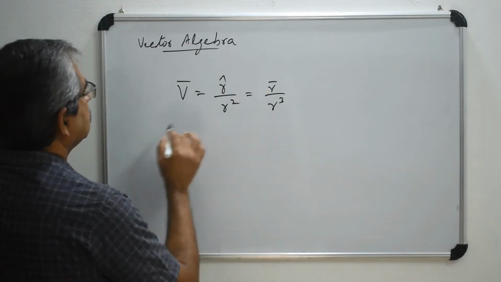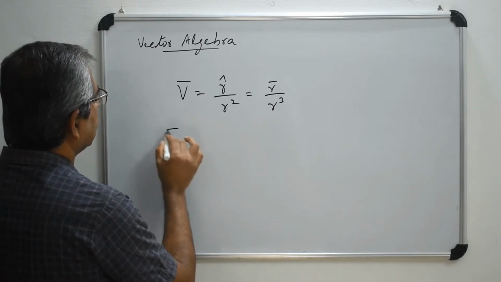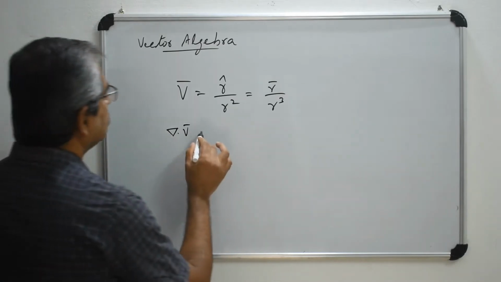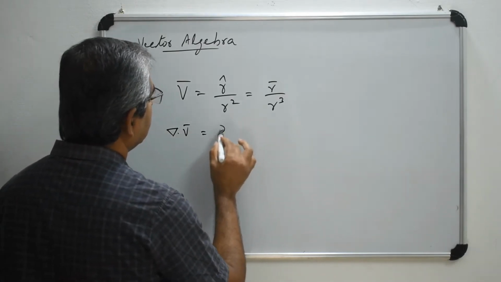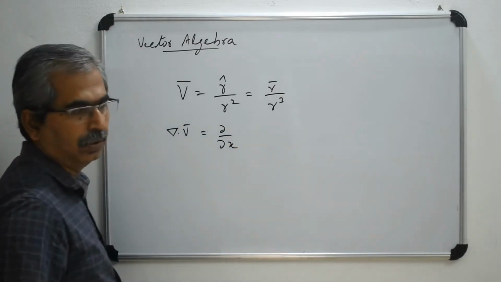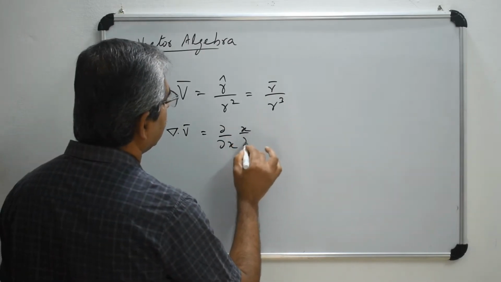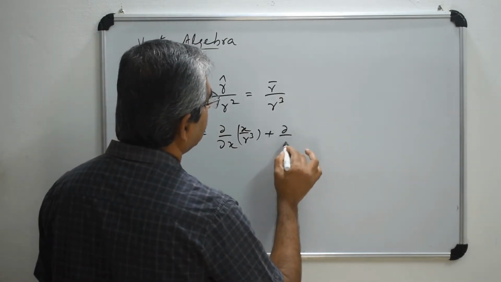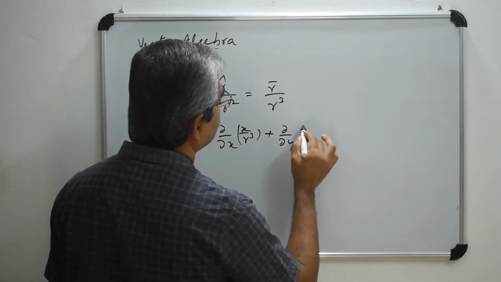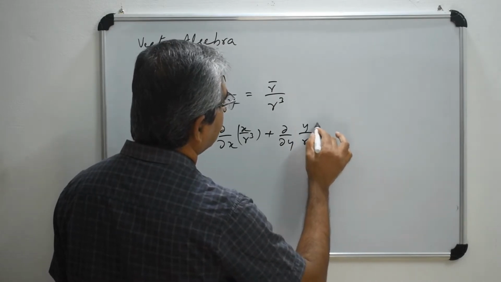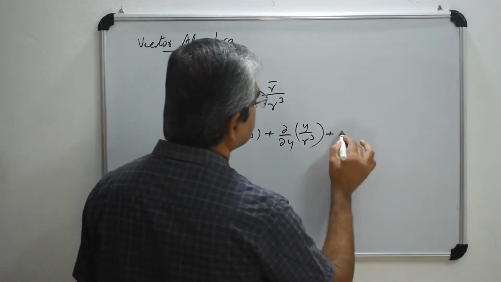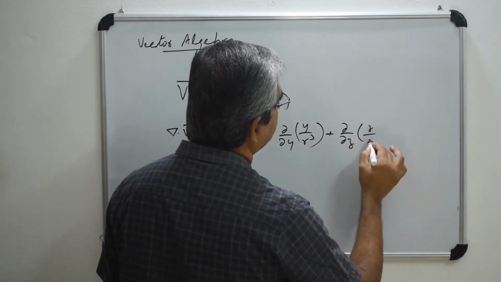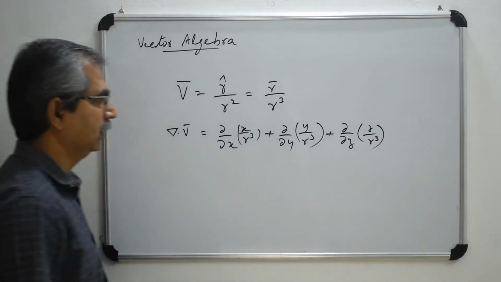Now we can calculate the del dot v as dou by dou x of x by r cube plus dou by dou y of y by r cube plus dou by dou z of z by r cube, isn't it?